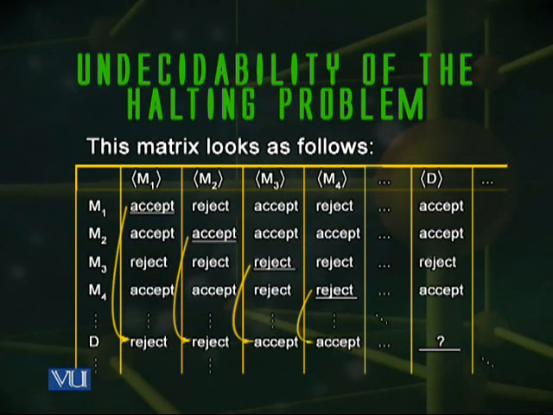The second element is going to be reject, whereas the third element is going to be accept. Now, if D is a bona fide Turing machine, what is going to be the entry in the column labeled by the description of D? We're asking, what would D do on its own description? And that's where we get a contradiction.